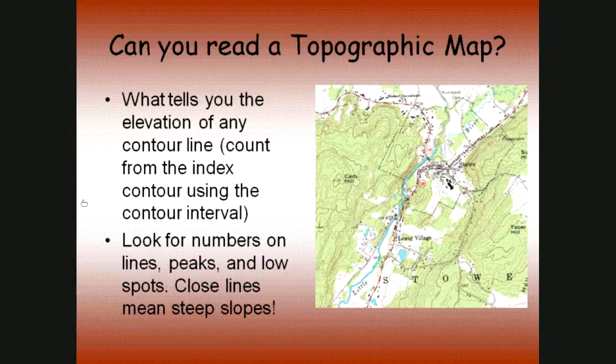That means there's more vertical change, height, altitude, elevation, than there is horizontal change. So close lines, steep. Lines far apart, it's a lot flatter. So if you don't remember topographic maps, you may want to bone up on that.